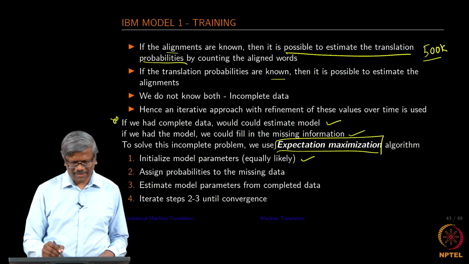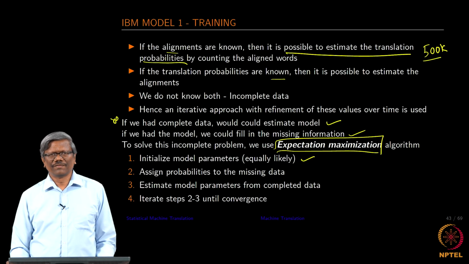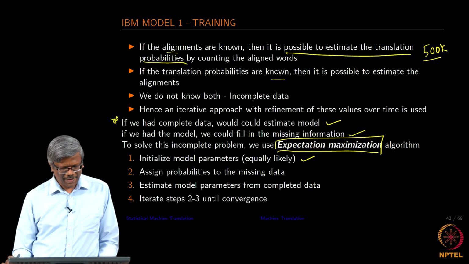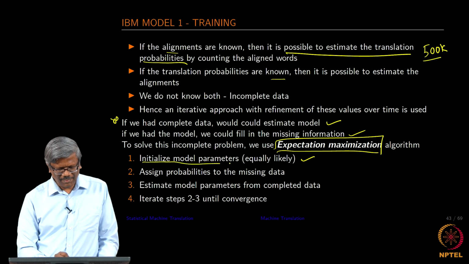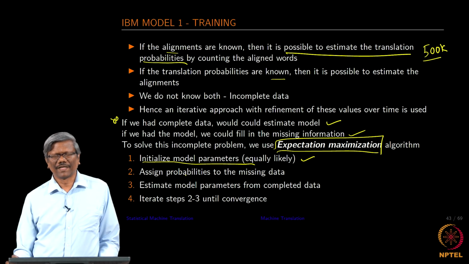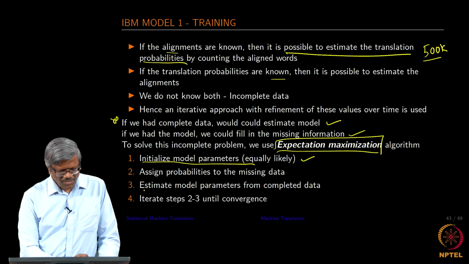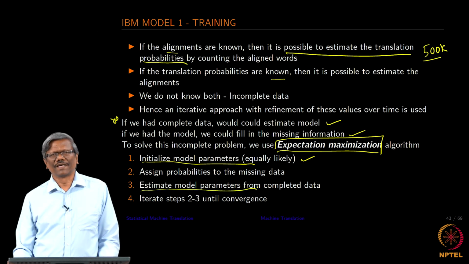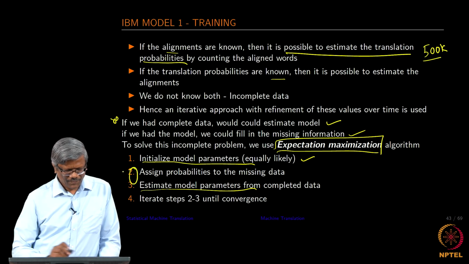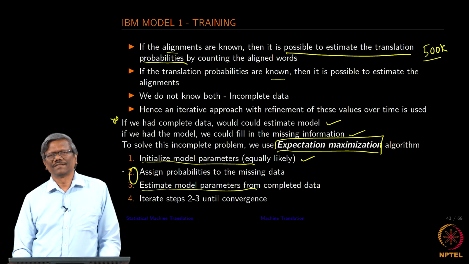That's why we have to use an iterative approach to fill in the missing information and then finally go from there. So we initialize the model parameters and then assign the probabilities to the missing data, estimate the model parameters from the completed data, and then iterate 2 and 3 until the convergence happens.